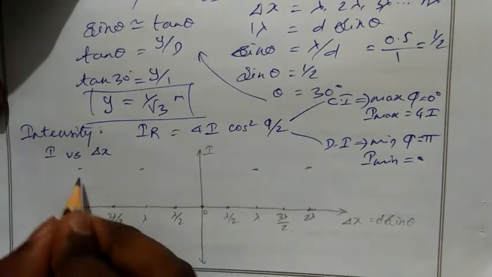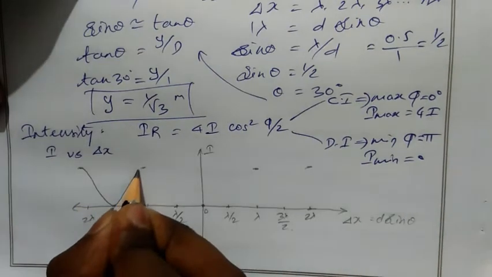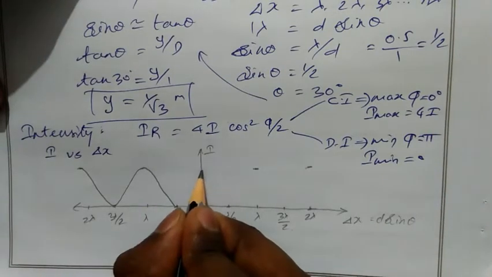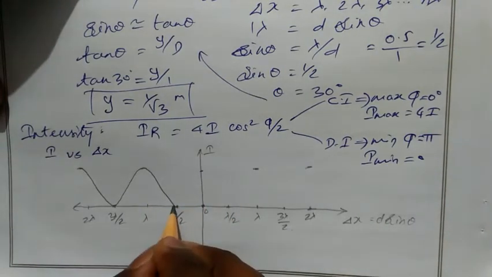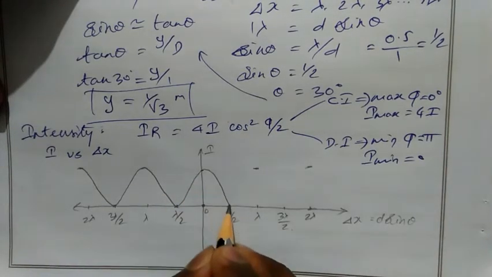Now draw a graph. We have somewhat like this. Then for 0, central bright fringe, we have maximum.